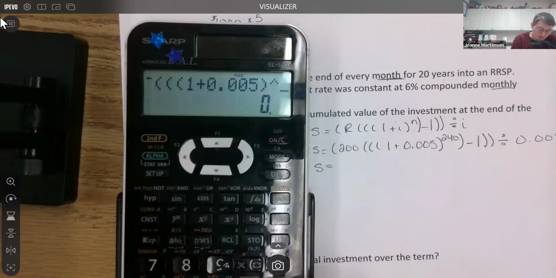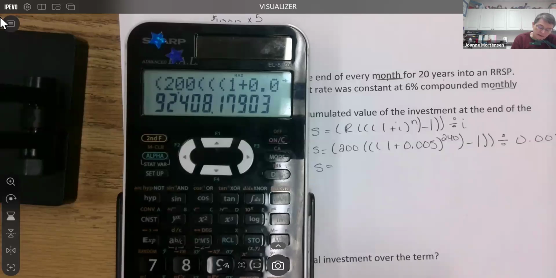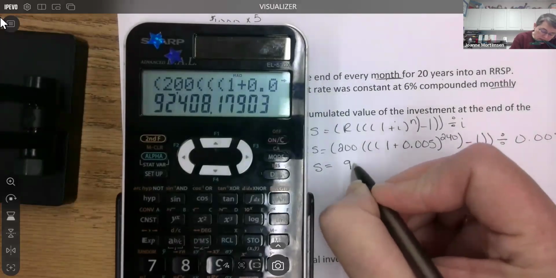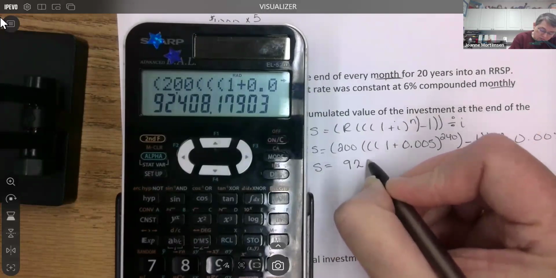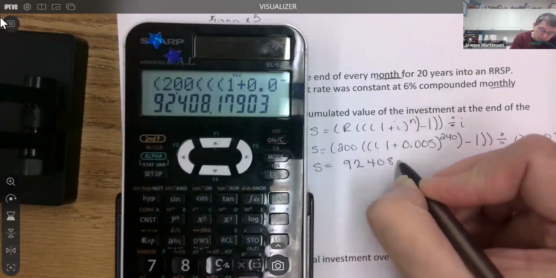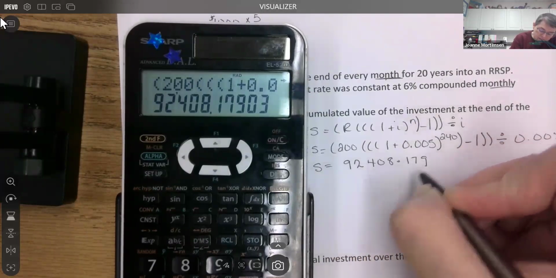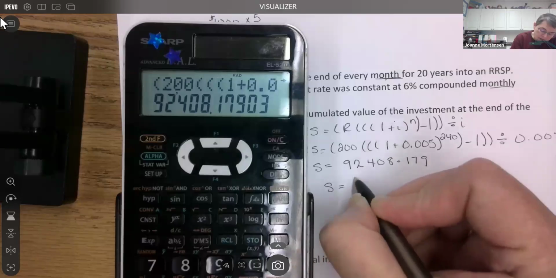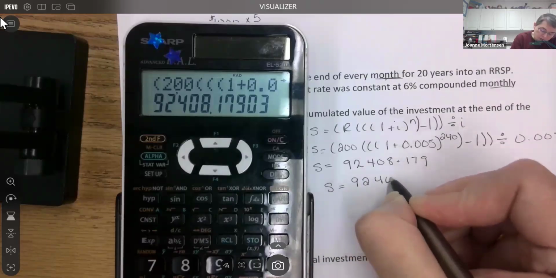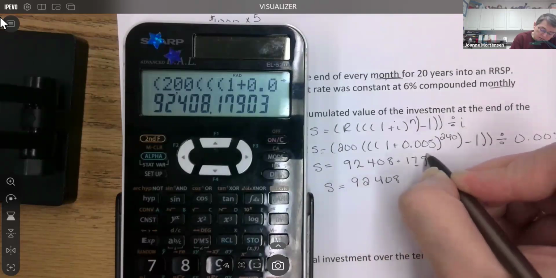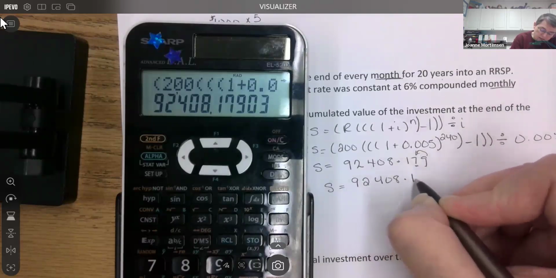Exponent 240. Close my bracket. Minus 1. Those 2 brackets. Divide by 0.005. Ta-da! $92,408.18.